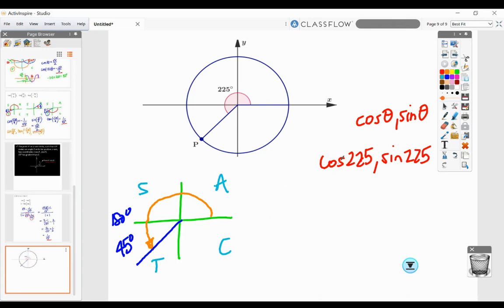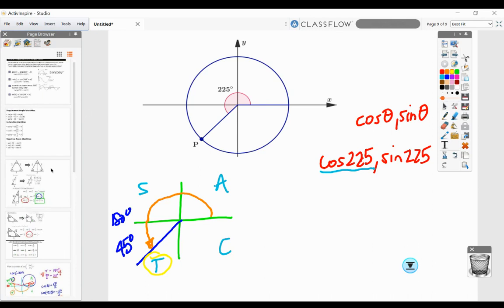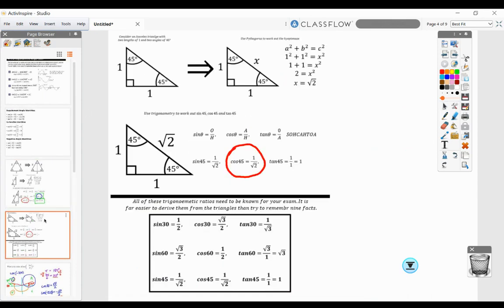Let's look at the first one. So we're looking at cos 225. In this quadrant, it is going to be negative for cos. It's going to be negative for sine as well. So we're going to look at cos 45, then go back and make it negative. So we go all the way back to our special triangles. Here they are.